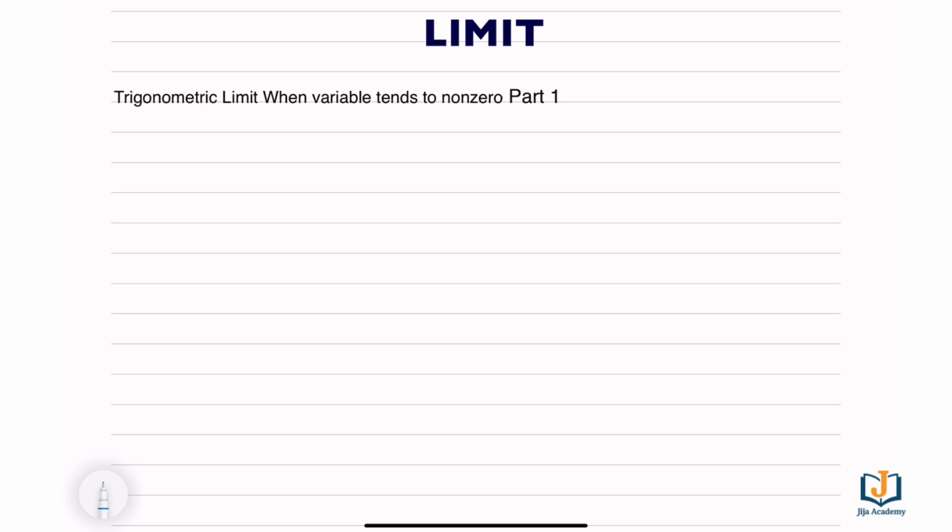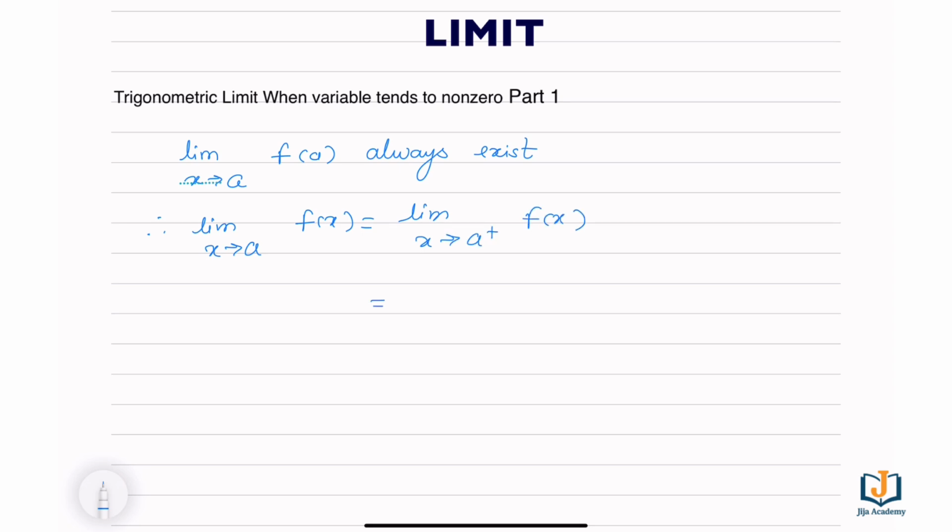As we already assume that the limit as x tends to a, f of a always exists, the limit as x tends to a of f of x is equal to the right hand side limit, that is the limit as h tends to 0 of f of a plus h.